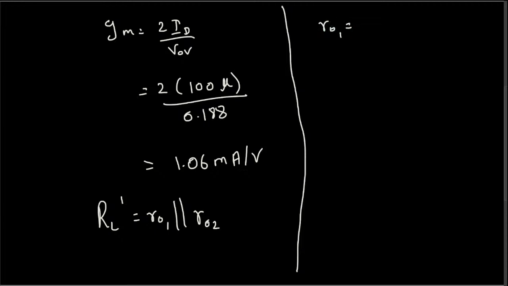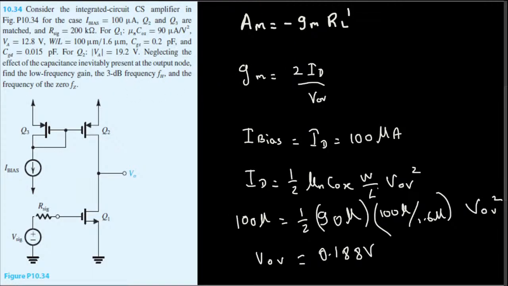RO1 is nothing but the early voltage divided by the ID current. And here we have early voltage for the NMOS and PMOS. Q1 is an NMOS. For that one, the early voltage is 12.8 voltage. Q2 is a PMOS. For that one, the early voltage provided was 9.2 voltage.